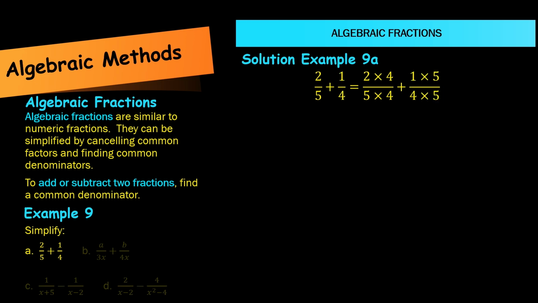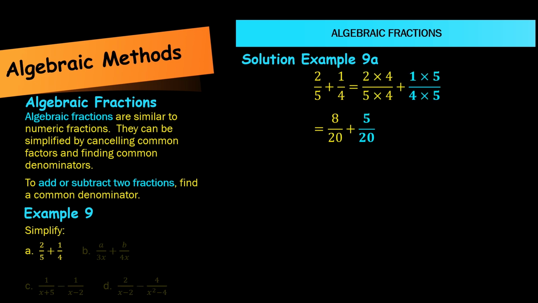This will then mean that our fractions that we are adding will have the same common denominator, which is in this example 20. So we have 8/20 plus 5/20.